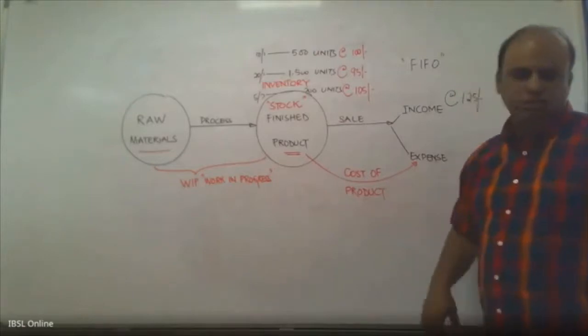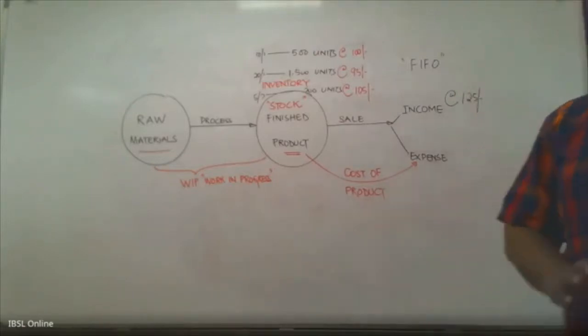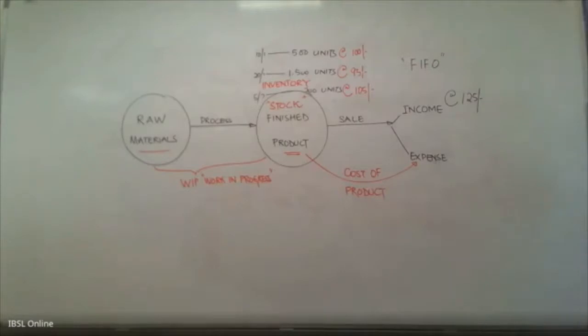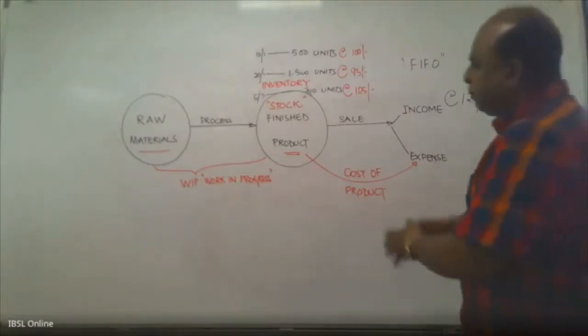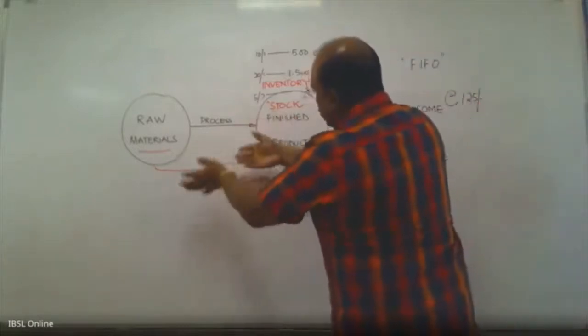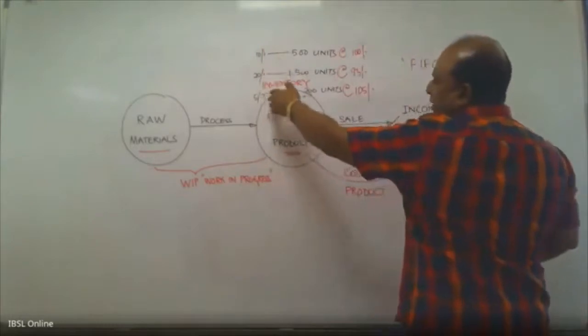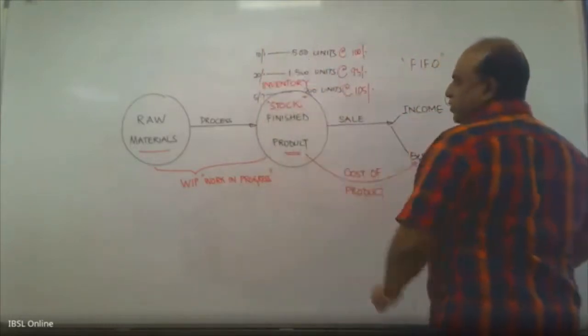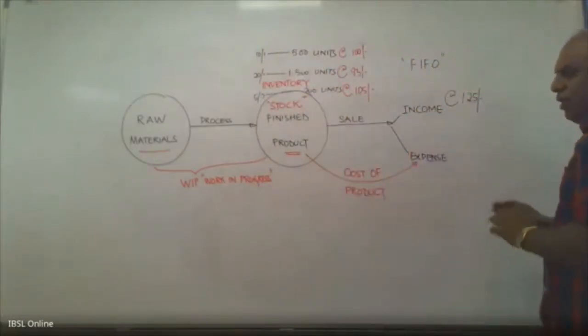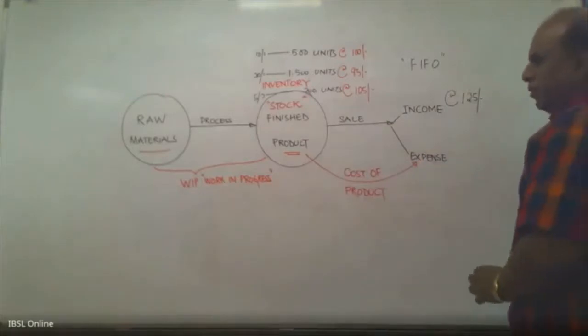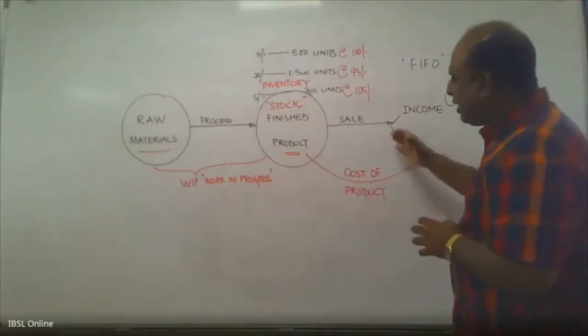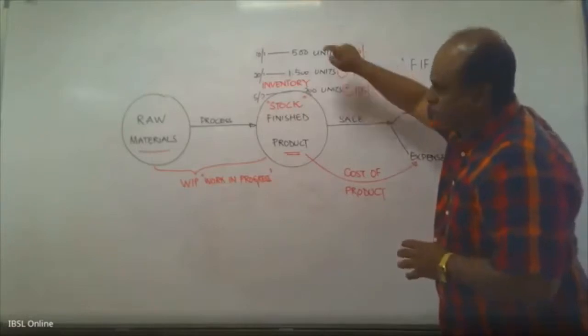Is that clear? When I say FIFO, what do you mean by that? There might be products coming from the warehouse every day or maybe every month or whatever. That's why I put down some dates, and these are the quantities which came in. So according to my business model, I will sell what came in first.